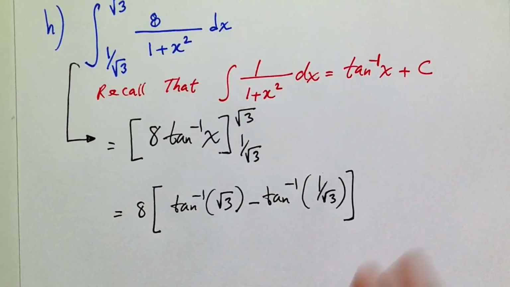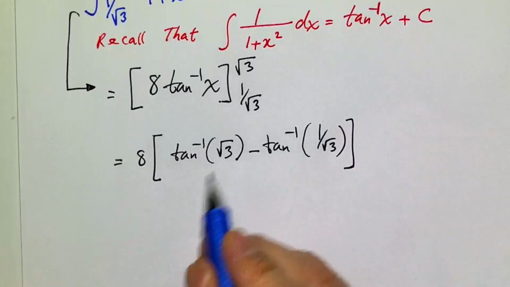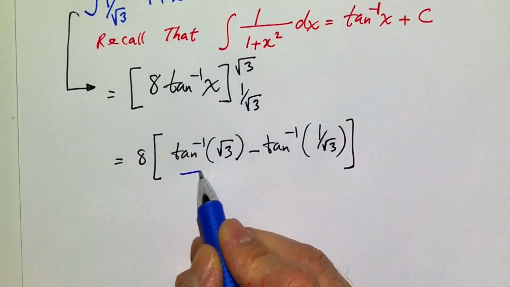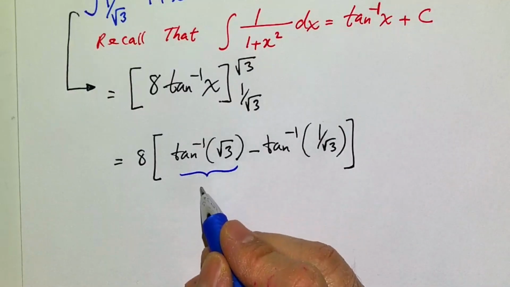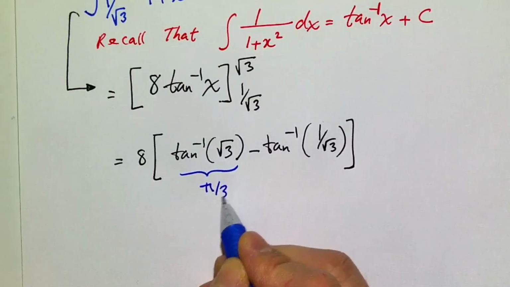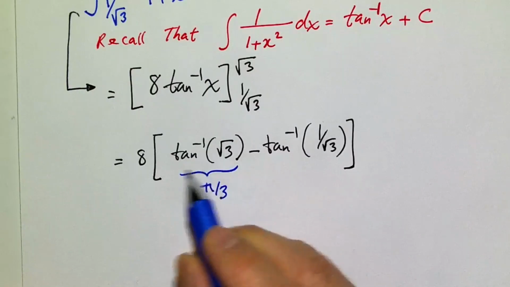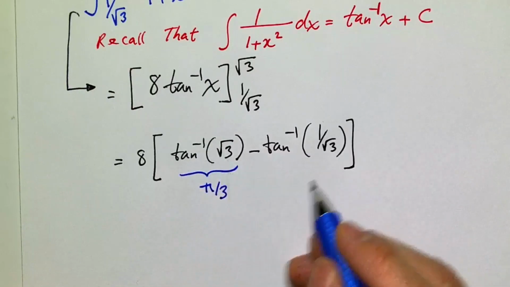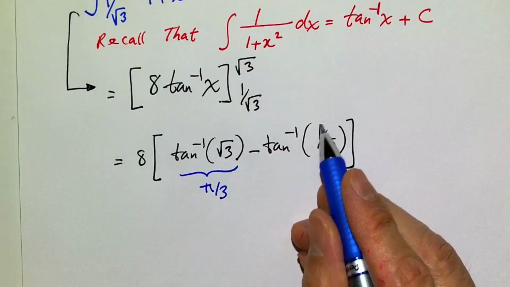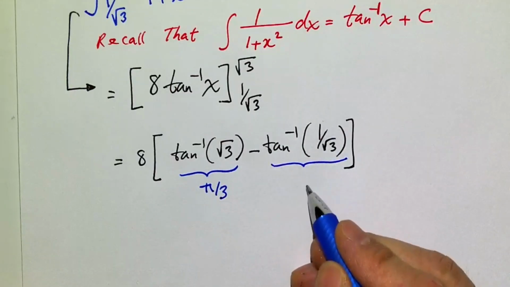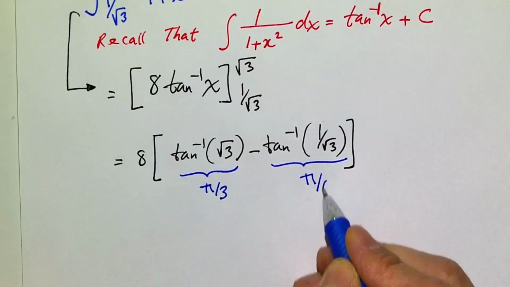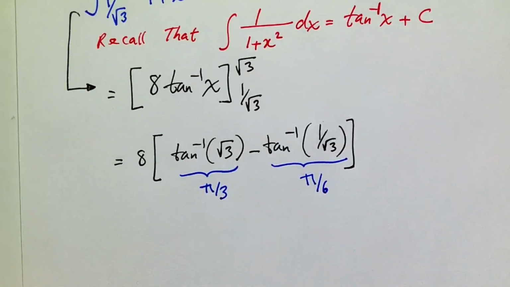Now, tangent of what angle is the square root of 3? We know that from the table of special trigonometric values from Math 127. This was pi over 3. Theta pi over 3 has this tangent, square root of 3. And this one is really square root of 3 over 3 after we rationalize it, which is what we did in Math 127, and that will give us the angle pi over 6.